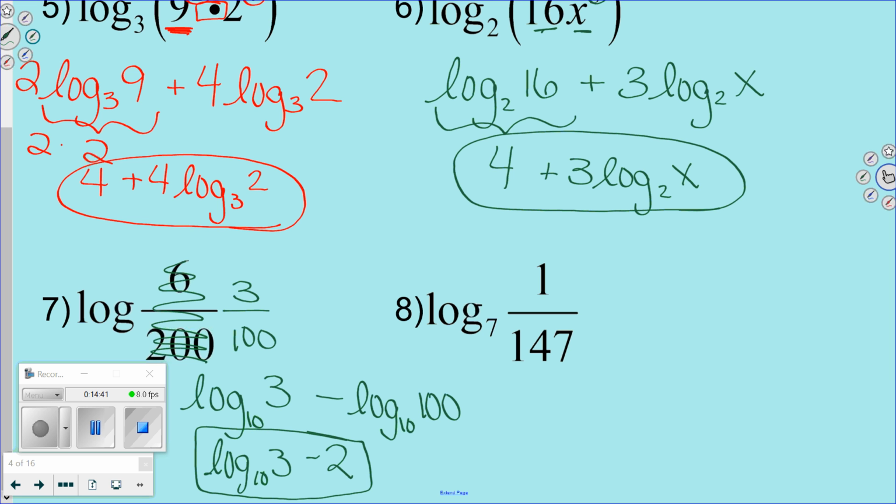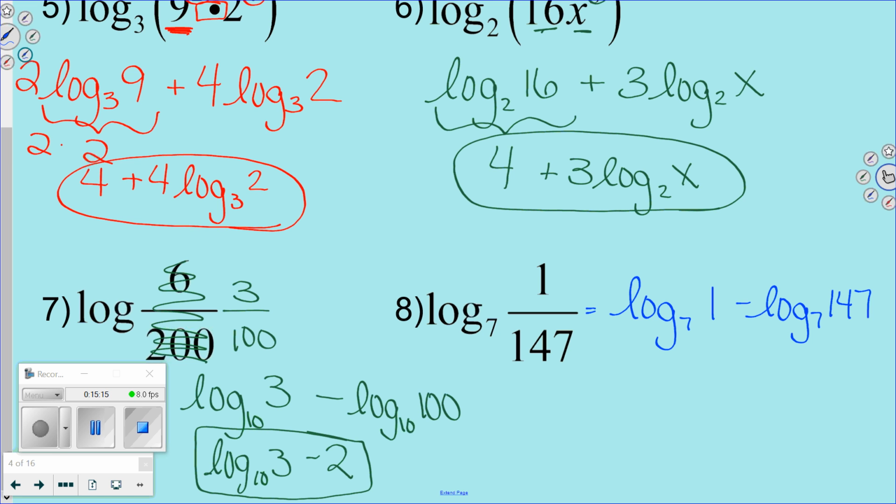All right, number 8. How many times will you write the word log? Twice. You have 2 parts to that one. All right, so we're going to have log base 7 of 1. And then what? Minus, because it's division. Do either of those simplify? 7 to what power equals 1?